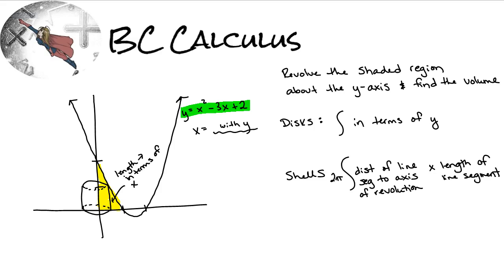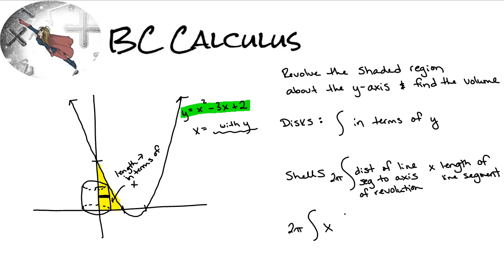Okay, that's just putting it in words. So we will have 2 pi, and we'll come back and worry about our limits. The distance of that line segment to the axis of revolution is just x away. The line segment, no matter where you draw it, would be a distance of x away from the y-axis.